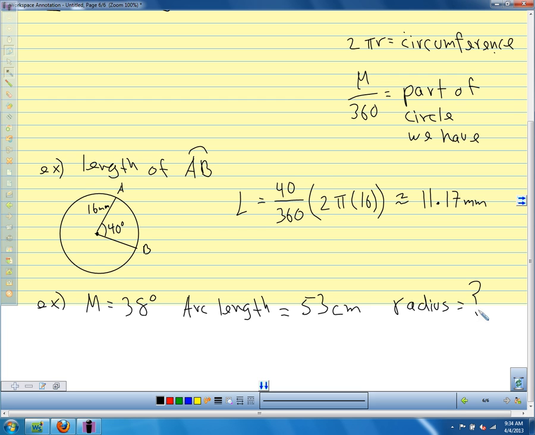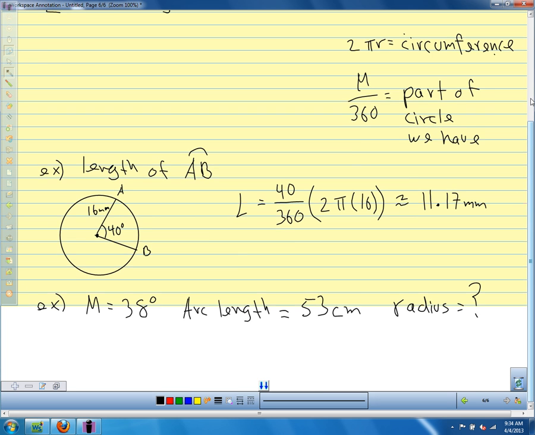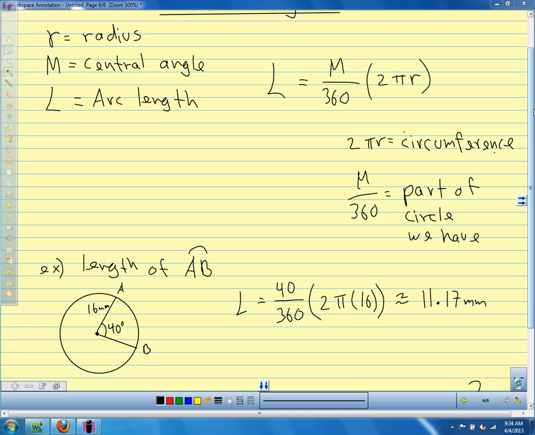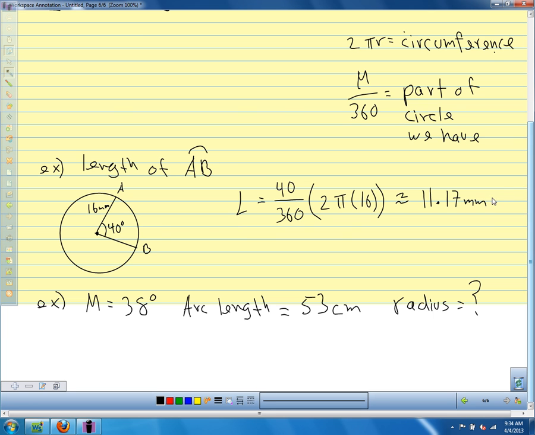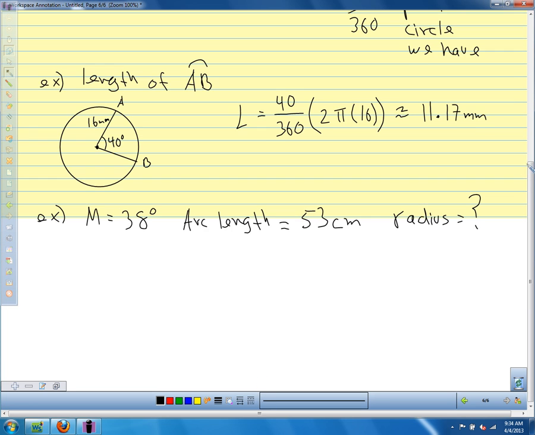Well, we have a formula for arc length, right? We have this, but we already have the arc length. So what have we done in the past when we have part of the formula but not another part? Plug everything in, right? Solve for the part that we don't have. So this is the same thing. We've done this kind of problem quite a few times this year.